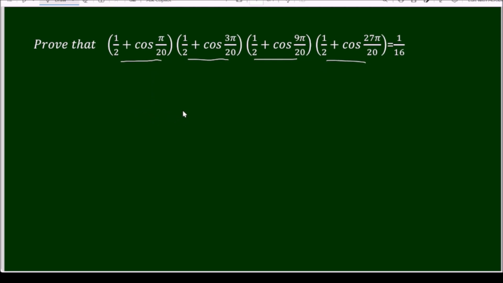We know that cos 2 theta equals 2 cos square theta minus 1, and 1 minus 2 sin square theta. That formula I will apply here.